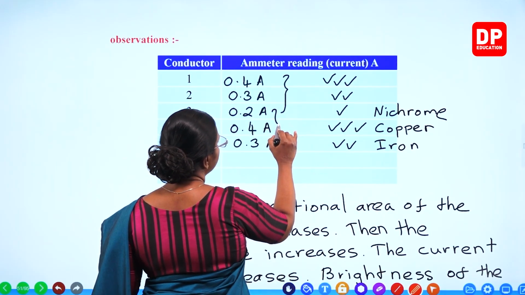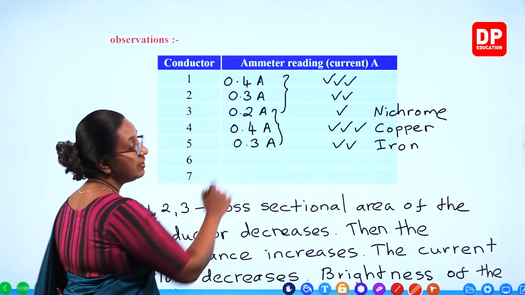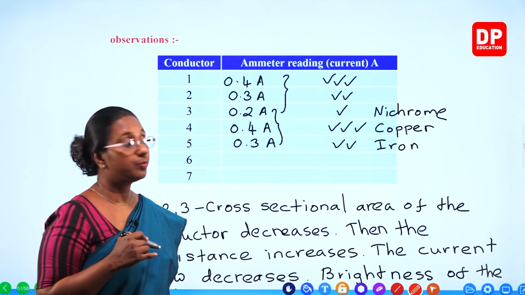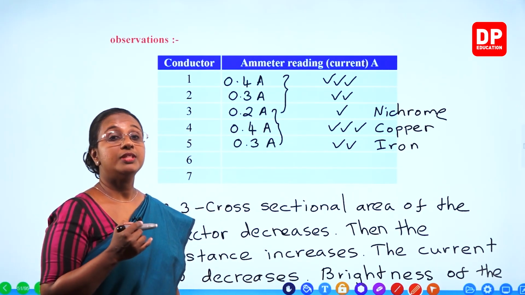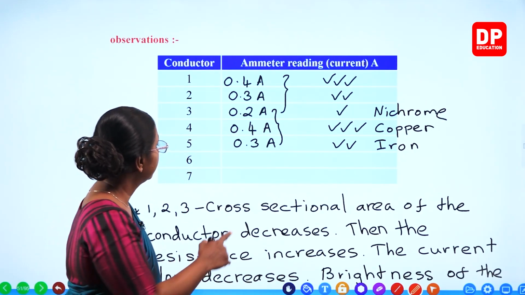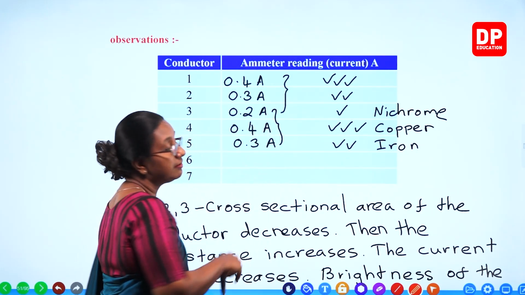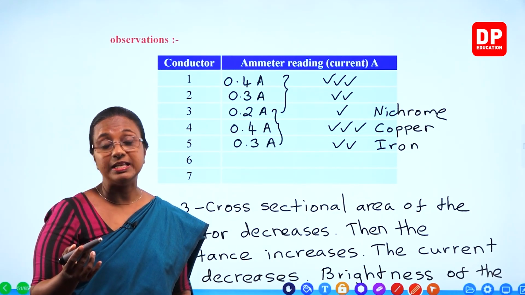So out of these 3, you can see when we use nichrome wire, very less current flow, only 0.2 amperes and the brightness is also less. So that means nichrome has very high resistance. Then you can see the next one, 0.3 amperes for iron. Brightness was also medium.